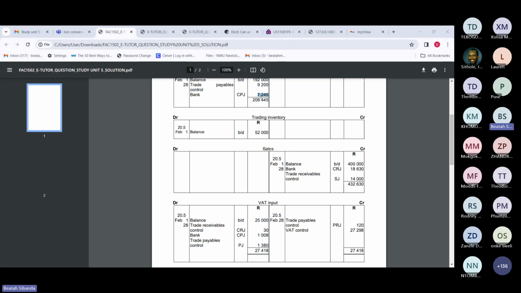We allocate this to the purchases account, and this to the VAT input account. When you trace this back, the total of these two amounts you're going to find on the credit side of the bank account. That is why it says bank: we purchased from the bank, but when we account, we need to separate the VAT. Does it make sense? Thank you, Doctor.